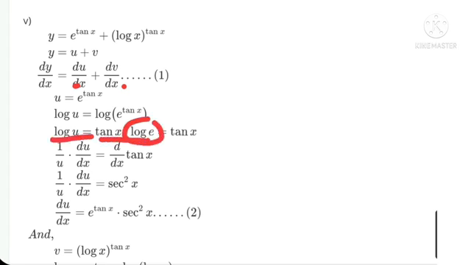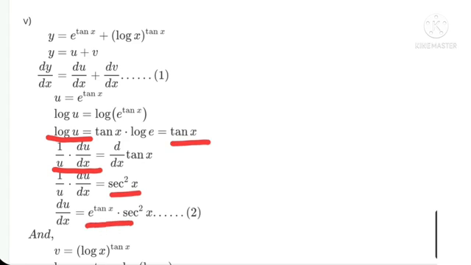Log e value is 1, that is 10x. Differentiate with respect to x. What is the derivative of log u? Derivative of log u is 1 upon u into du by dx. And what is the derivative of 10x? Derivative of 10x is sec square x. So du by dx is equal to u into sec square x. What is the value of u? e raised to 10x into sec square x.